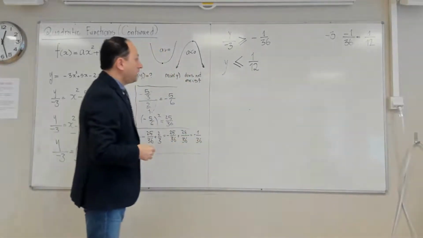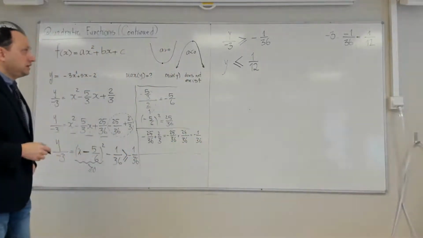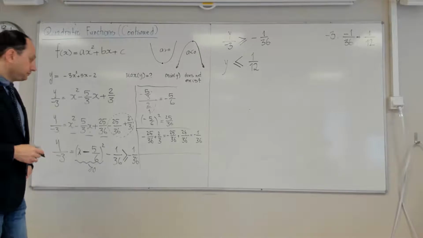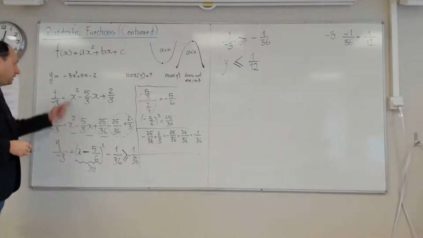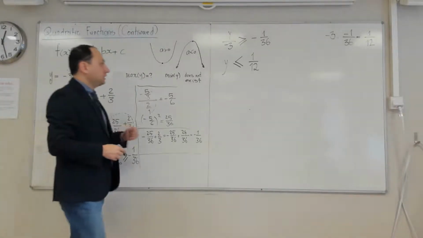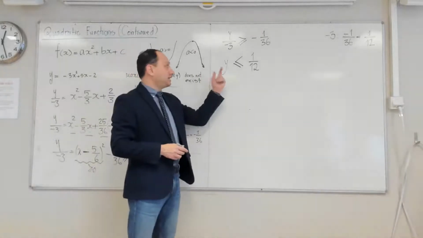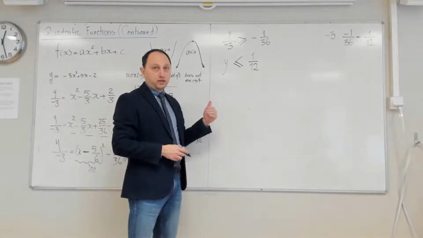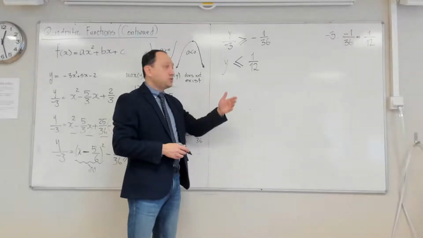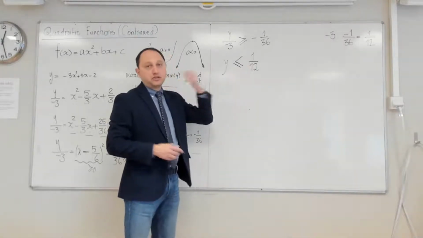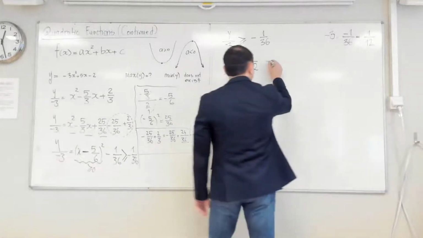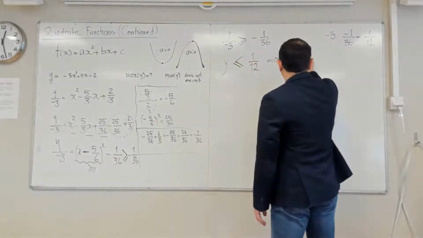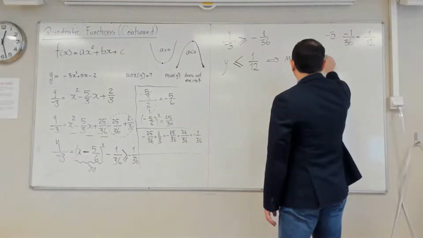So this becomes y less than or equal to 1 over 12. Okay, and then the answer to this question mark is clear because you are telling me that y is less than 1 over 12 or at most equal to 1 over 12. So this means that the maximum value of y is equal to 1 over 12.